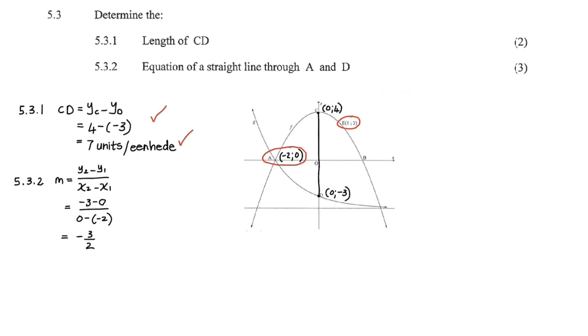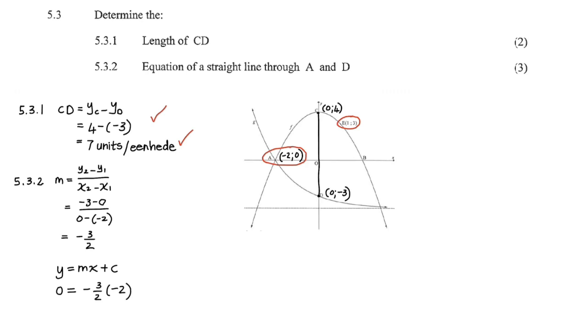What we'll do next is use the equation of a straight line, y equals mx plus c, with m being negative 3 over 2 and point A. So let's substitute the x and the y value of point A into the straight line equation. So then we have 0 equals negative 3 over 2 times negative 2 plus c.